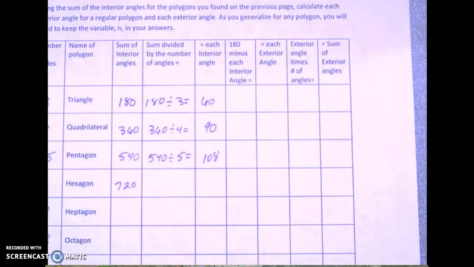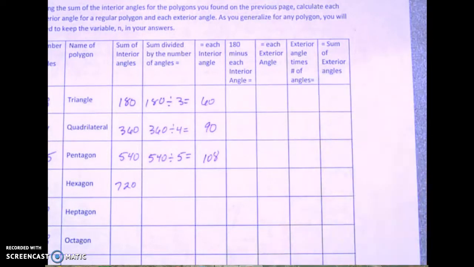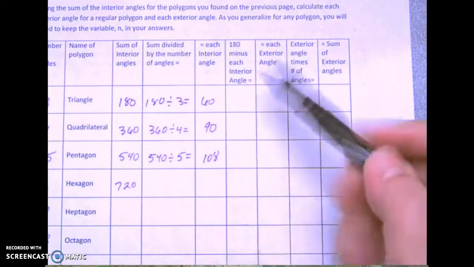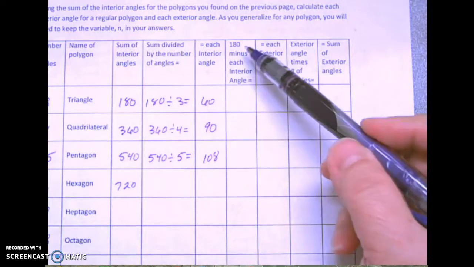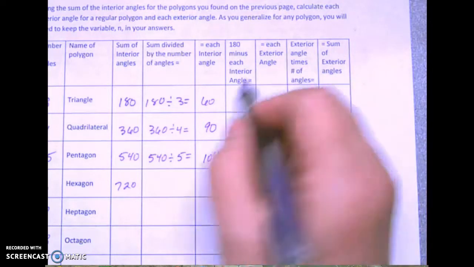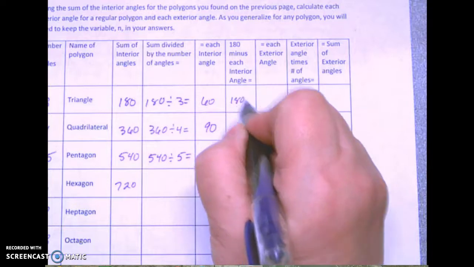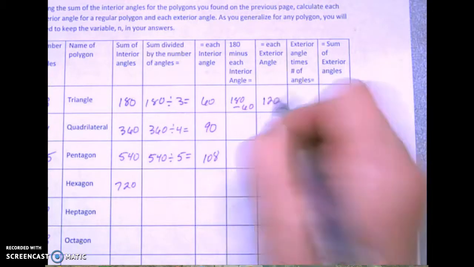Now that we've found all the interior angles, let's figure out our exterior angles and the sum of our exterior angles. Because my exterior angles form a linear pair with my interior angles, I take 180 minus the interior angle to get my answer. So for the first one, I want 180 minus 60. 180 minus 60 gives me 120.